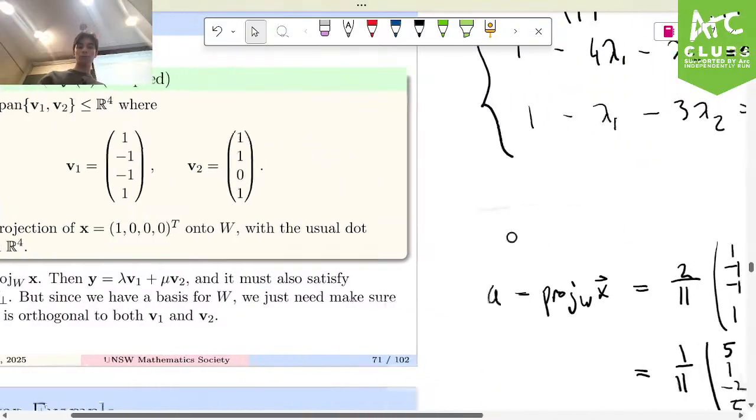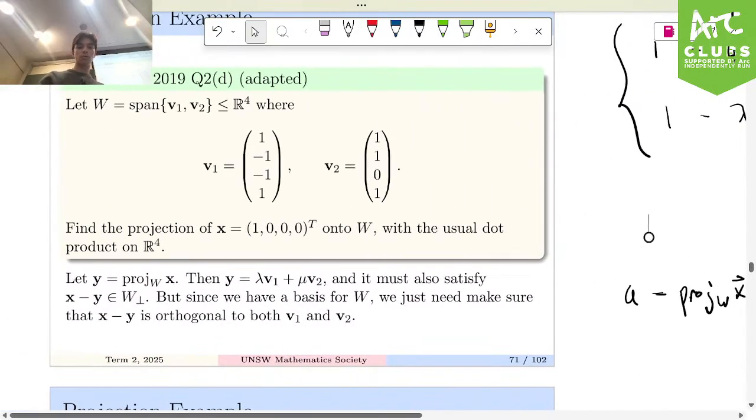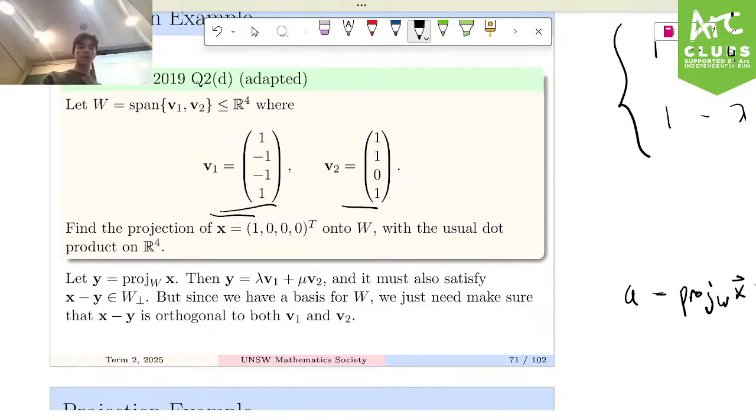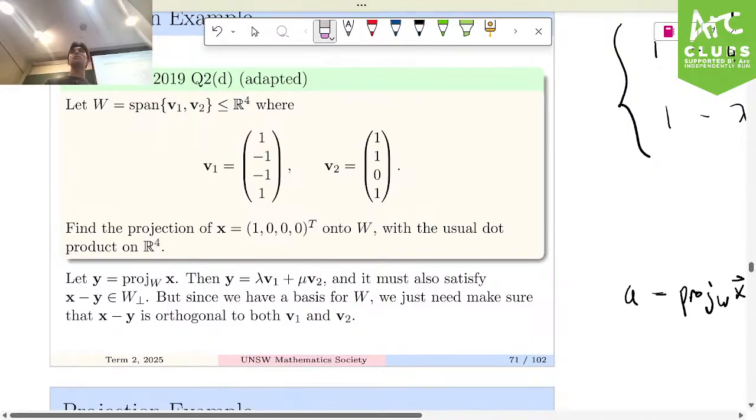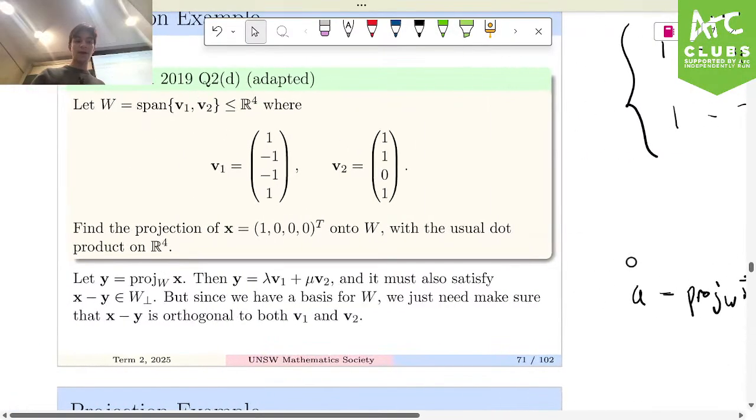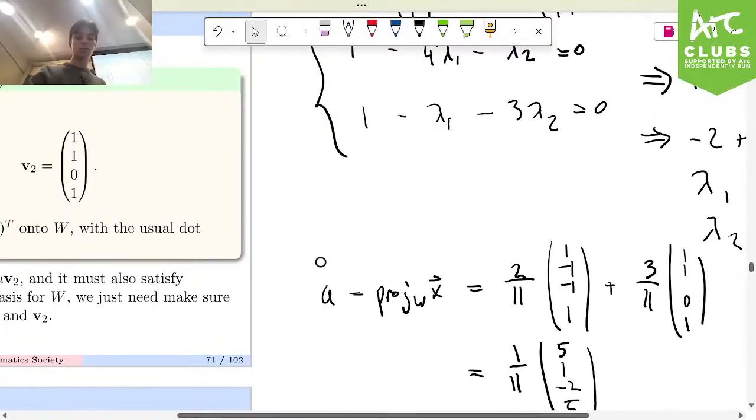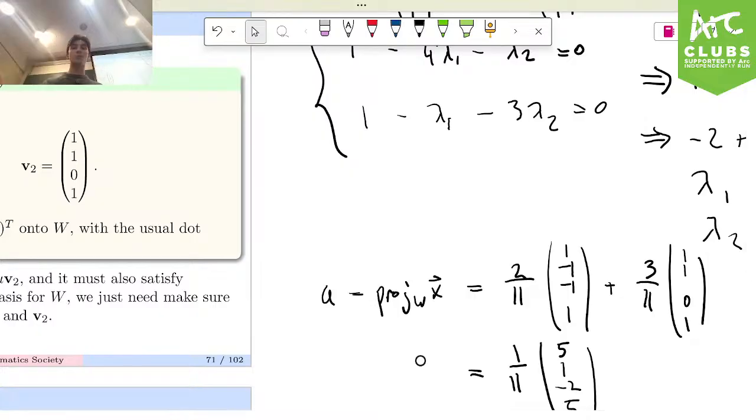In the special case where the set of vectors that you're projecting onto is orthogonal, then your projection will actually be the sum of the vector's projection onto each of those vectors. I hope that makes sense.